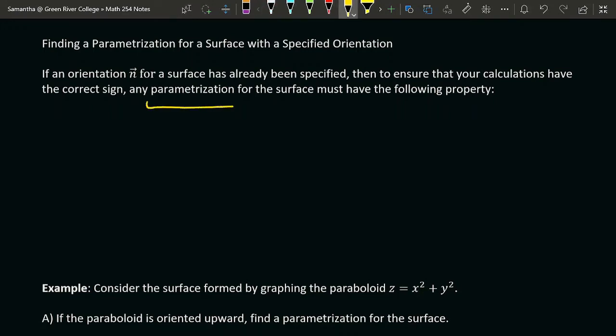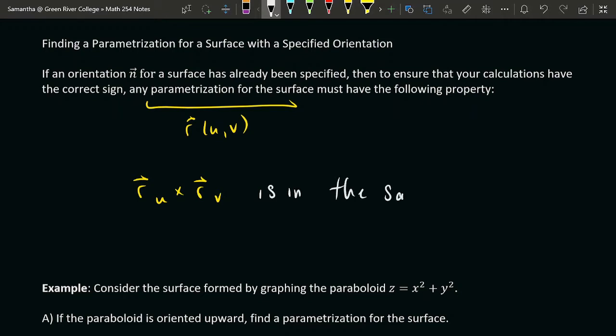Yesterday we talked about if your parameterization for a surface was denoted by r(u, v), then the vector r_u cross r_v was a normal vector to the surface. But in order to make sure that your calculations all have the same sign, your parameterization should have the property that r_u cross r_v is in the same direction as the normal vector that you chose when you picked an orientation for the surface.